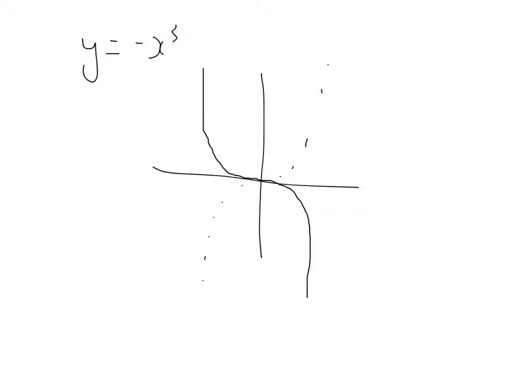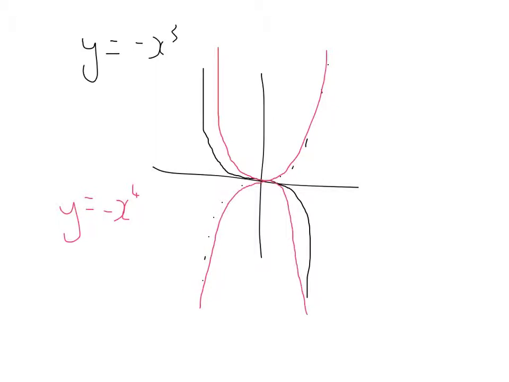Similarly, if we had a graph of y equals negative x to the power of 4, if you remember the graph of x to the power of 4 looks something like that, so the negative graph would be the inverted version of it. So that's what the effect of a negative out the front would do.